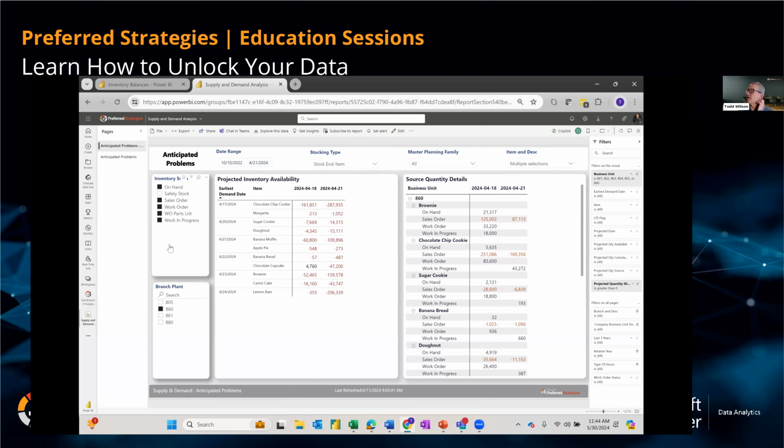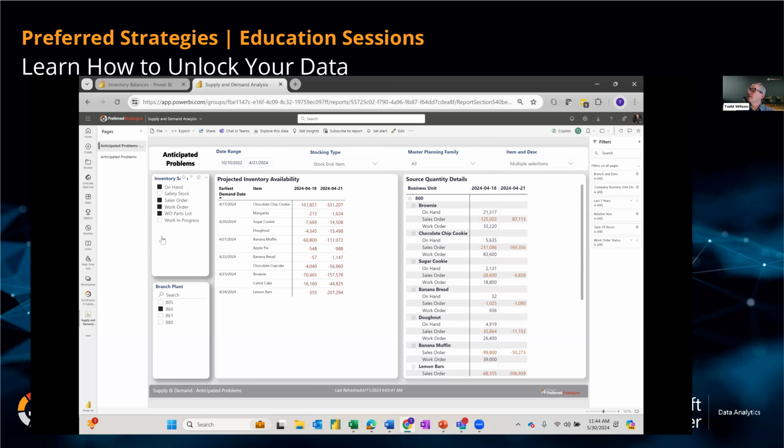Right now, I'm looking at availability, and it includes a handful of inventory types: on hand, sales orders, work orders, etc. Maybe I don't want all of those included and want to see a view in a little different way. For example, maybe my WIP process ultimately doesn't have any reliability in terms of availability, or maybe the way we're currently using JD Edwards, it shows as available at a time where we think it won't be available. Well, I can simply deselect that.